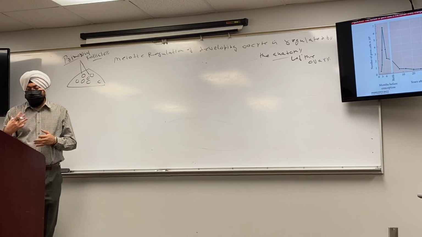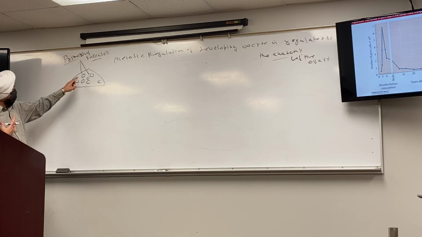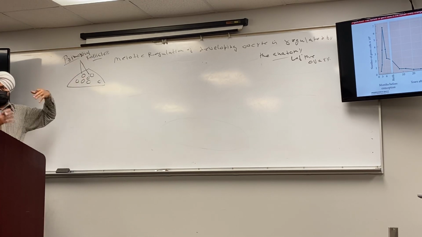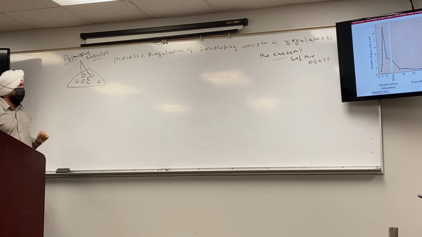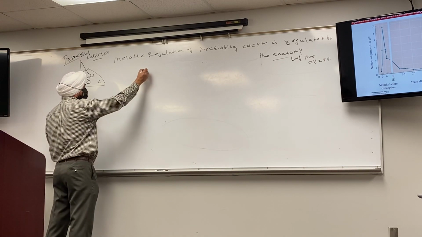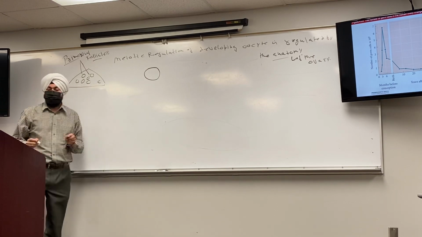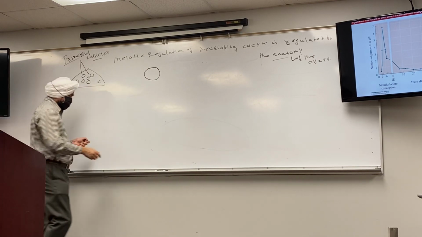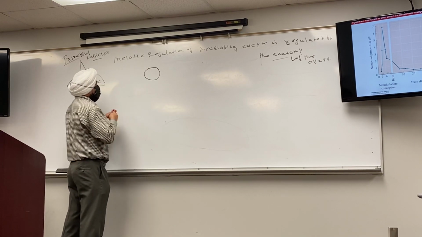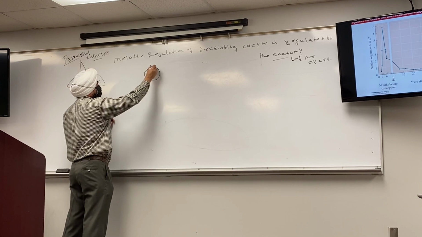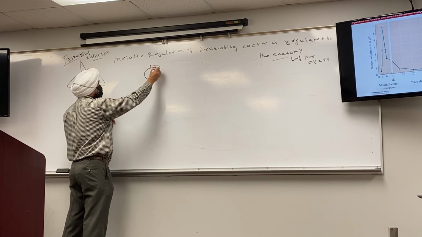So if I take one of these out and draw the structure, how does that look? Each of these will look like a structure like this. This will be surrounded by cells like this.